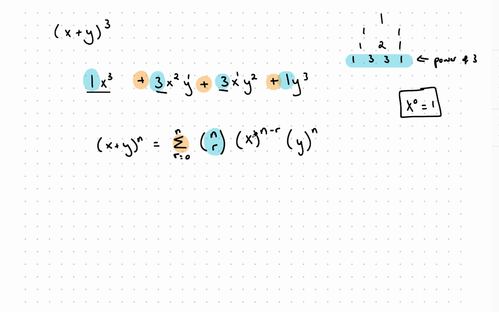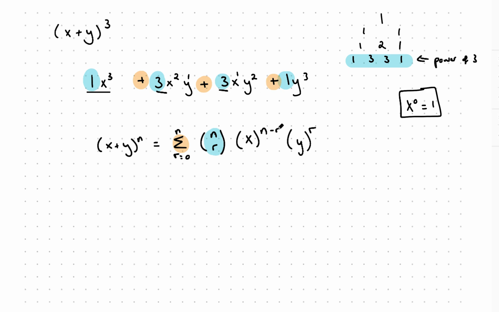Then it says raise your x to the power of N minus R. Now, I made a little mistake here. Let me correct it. Raise your x to the N minus R. That's going to start at N, 3 in this case, take away 0.